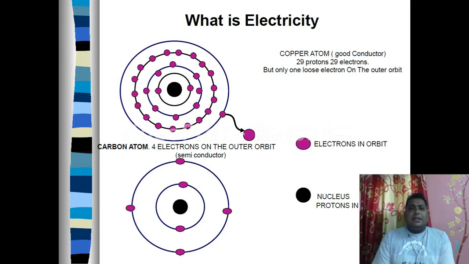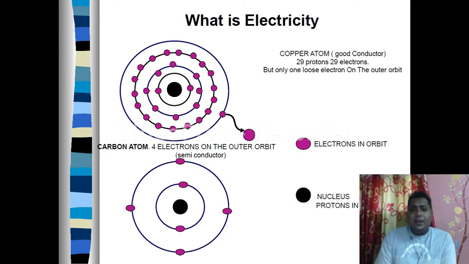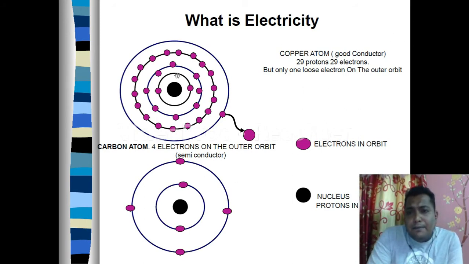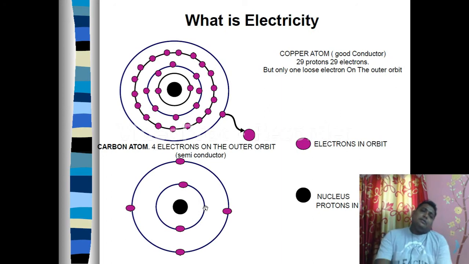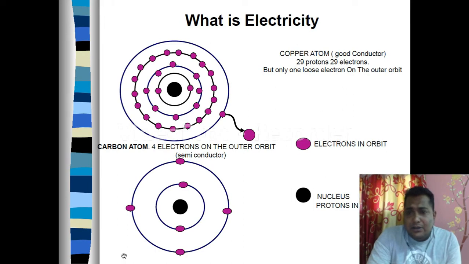What is electricity? That is what we are discussing. Two pictures we can see over here. If we see the above picture, there is a huge number of electrons in the different orbitals, and in the second picture there is a lesser number of electrons in the outer orbital or surrounding orbitals.